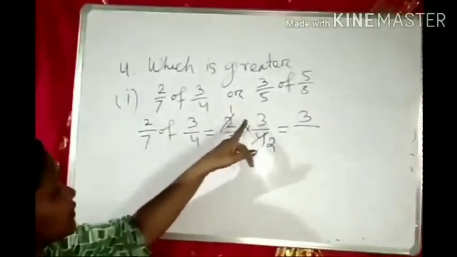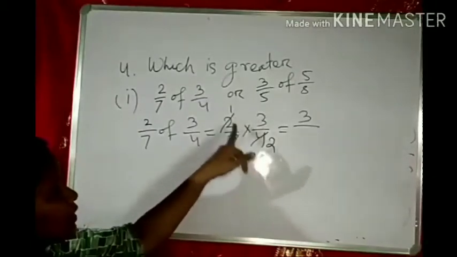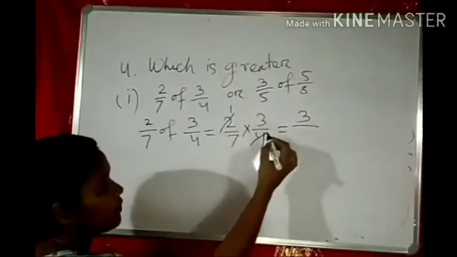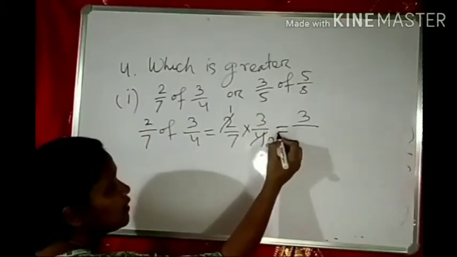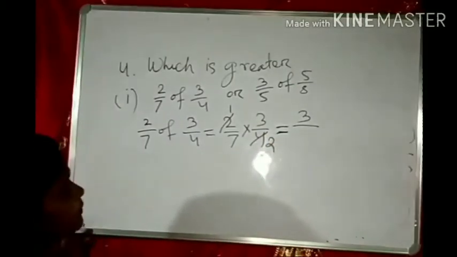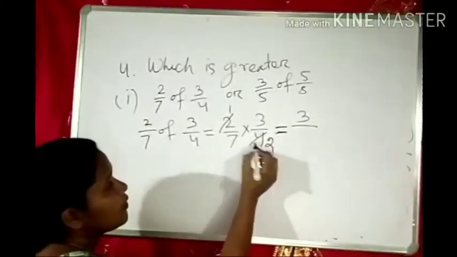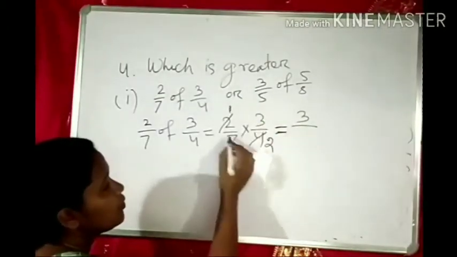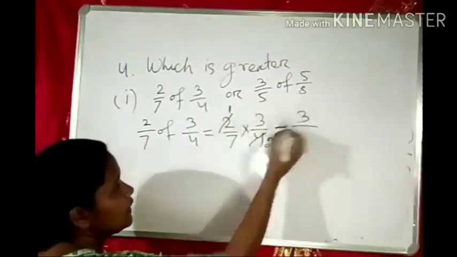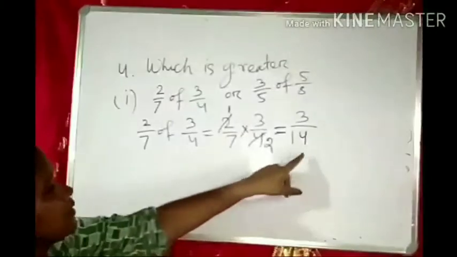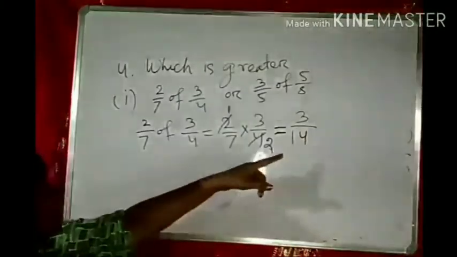You are dividing the numerator with the denominator; you can divide it if they have a common multiple. So 2 ones are 2, 3 ones are 3, 7 twos are 14. The answer is 3 by 14.